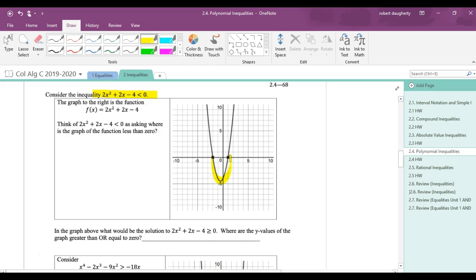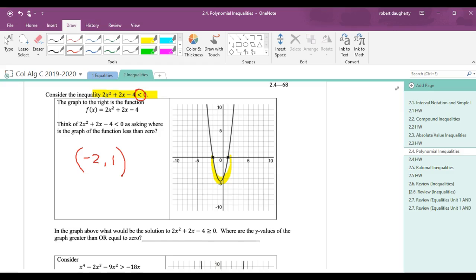So in this case, less than 0, what is the interval from there to there? What is that interval? -2 to 1. Because it's a less than, what kind of enclosures? Yeah, parentheses. So that's the answer to this one. You know, where is this function less than 0?